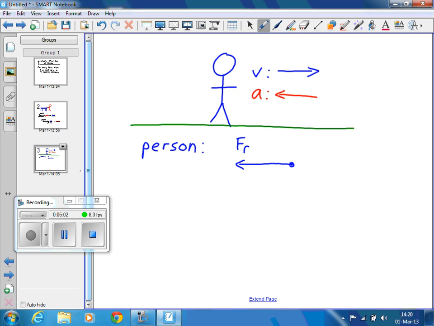There is friction force from the floor on the person. And if there's friction force on the person from the floor, then Newton's third law says there must also be friction force from the person on the floor. This is kind of maybe strange, you haven't thought about it, but that means we can actually draw a force diagram for the floor itself. So let's do it.